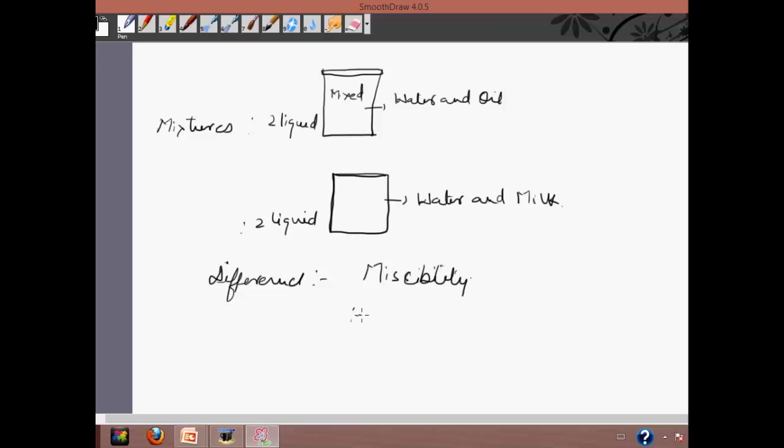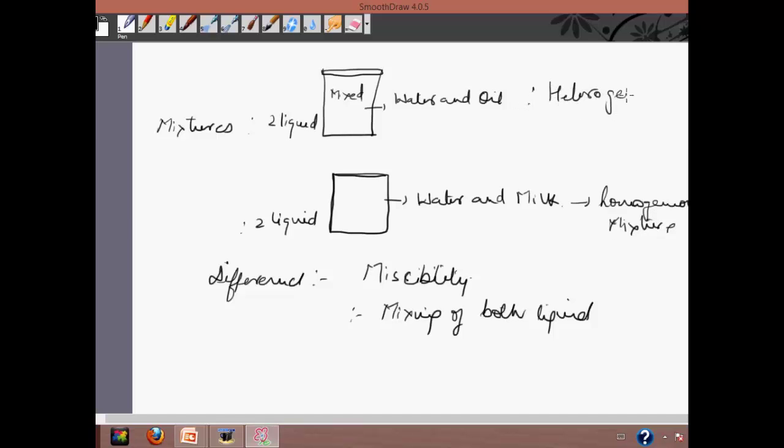That is the mixing of both liquids. Here you can find they are mixed totally, so we can say they are homogeneous mixtures, and here you get a heterogeneous mixture.